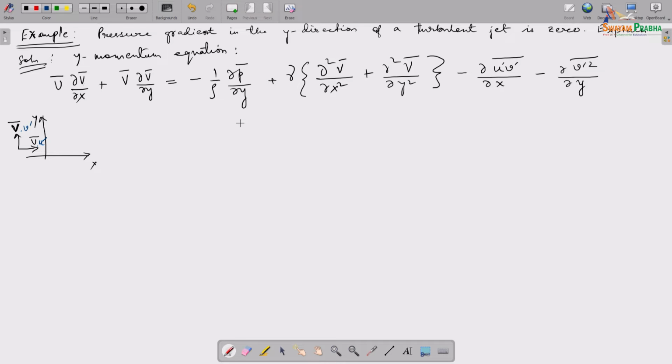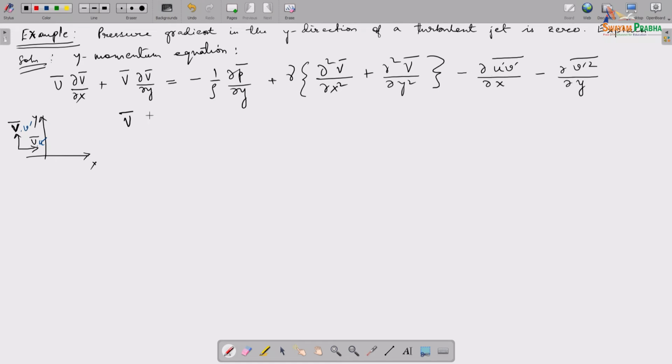So this is essentially the y momentum equation, right? Now let us see. What if I take a look at this equation, what can we say here? Okay. Now, as we have looked at it, by this time we have established that the lateral velocities are very small in the y direction, right.